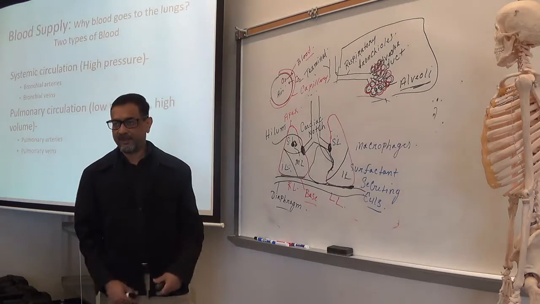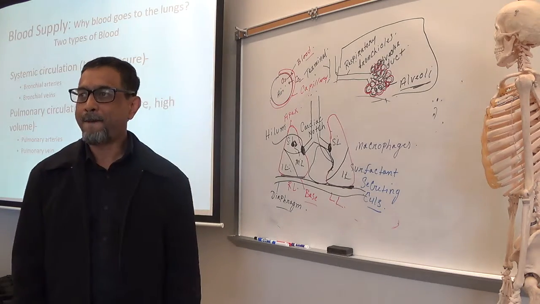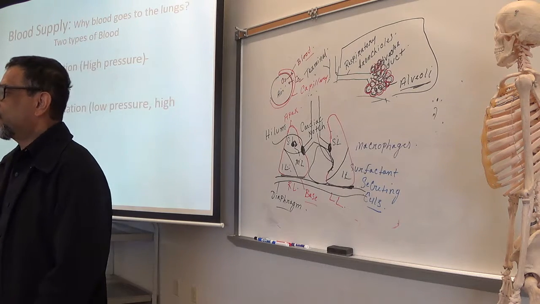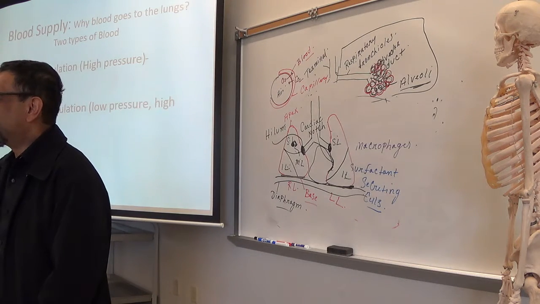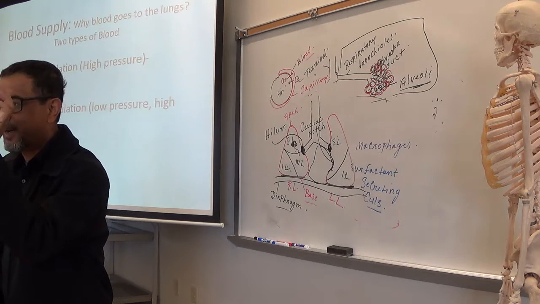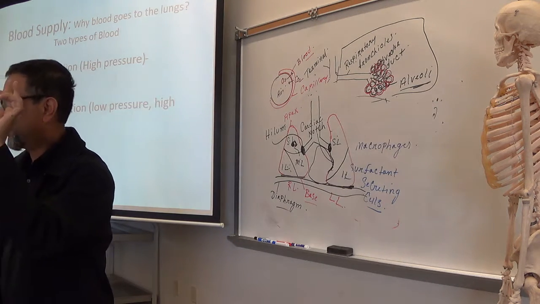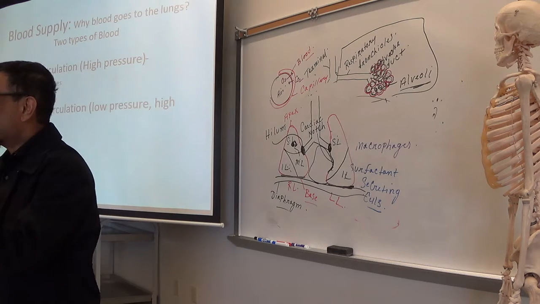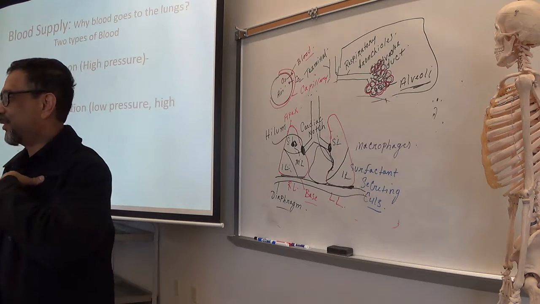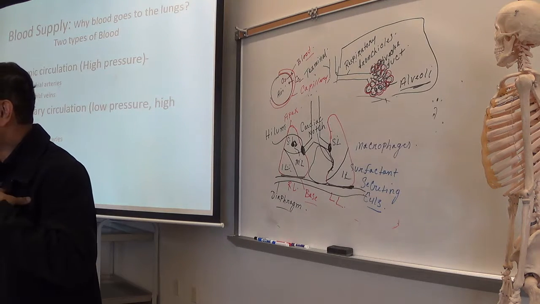Blood supply to the lung. How many types of circulation you have? 2 main types, right? Systemic and pulmonary. So, pulmonary circulation is between heart and what? Lungs, right? Remember that?